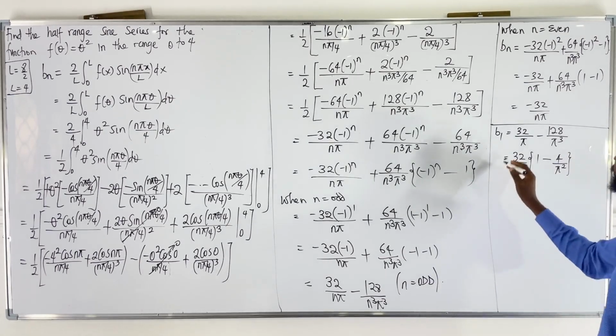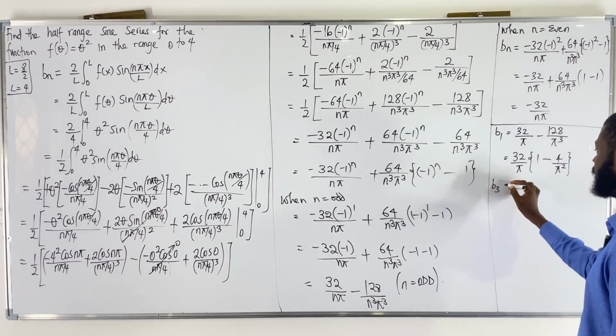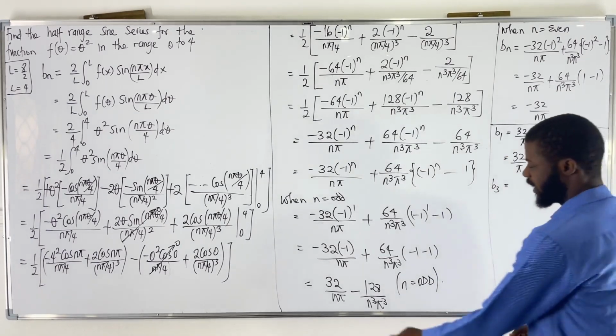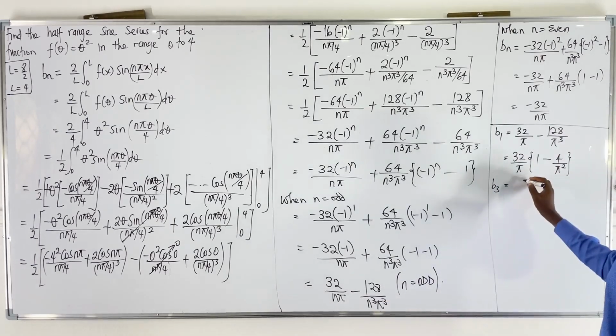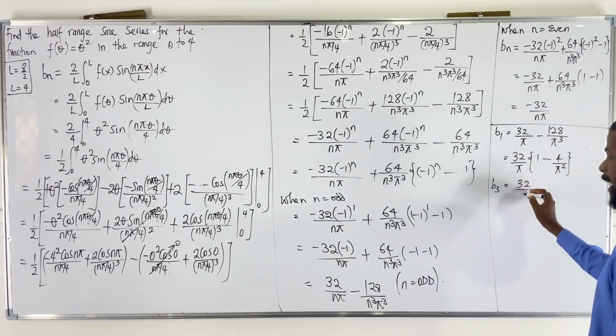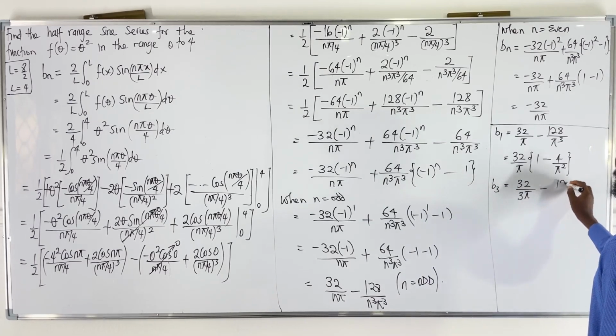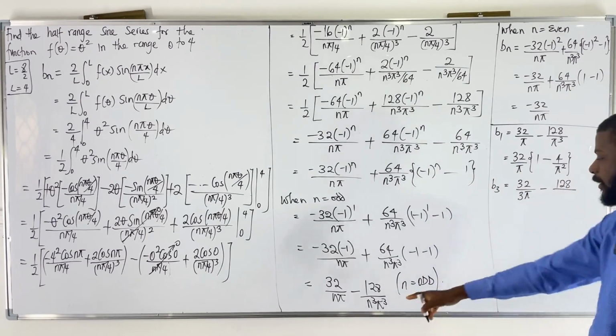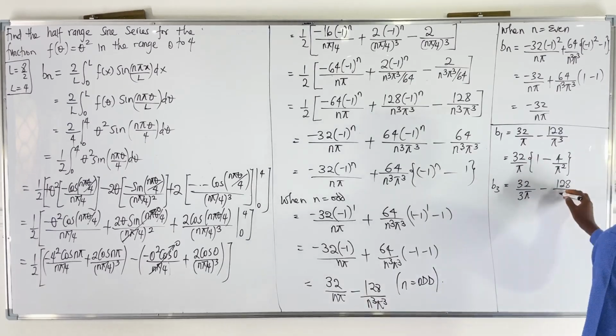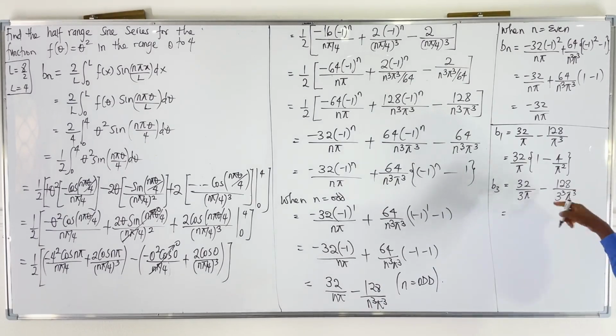So that's b1. Next, b3. So for b3, anywhere I see n, I'm going to be putting 3. So this will be 32 over 3 pi. So that's 3 pi minus 128 divided by 3 cubed, pi cubed. Now again, 32 over pi will be common.